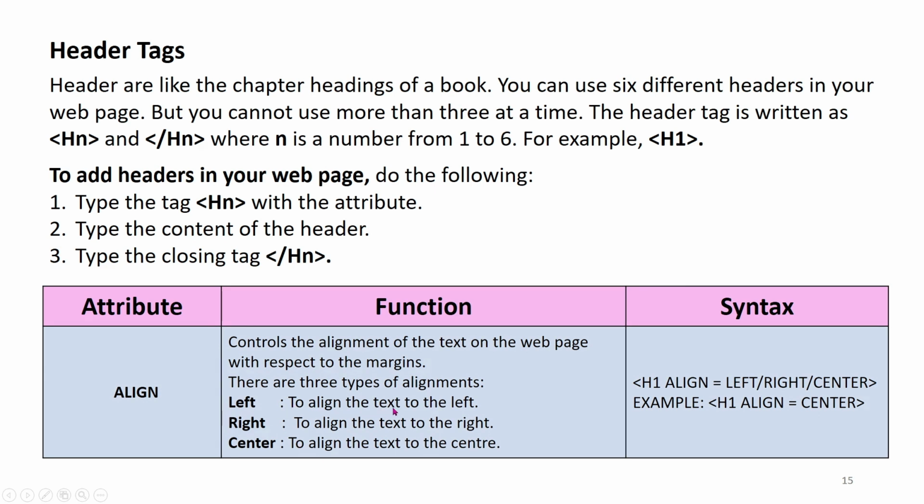Left will align the text to the left, right will align the text to the right and center will align the text to the center, and all 3 are done horizontally. For example, H1 align equals left, right or center. This is the syntax, and an example is H1 align equals center.